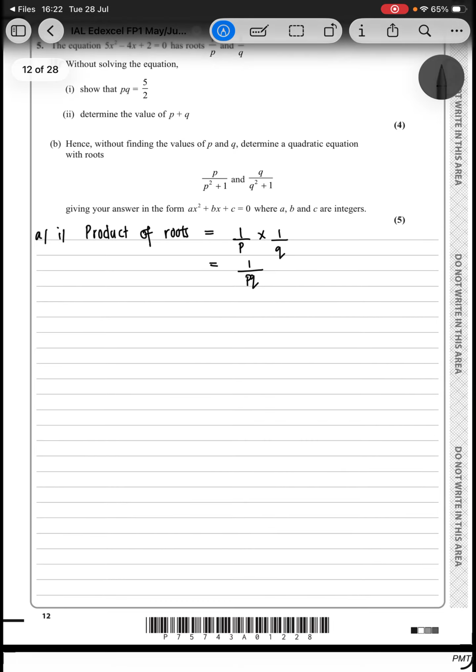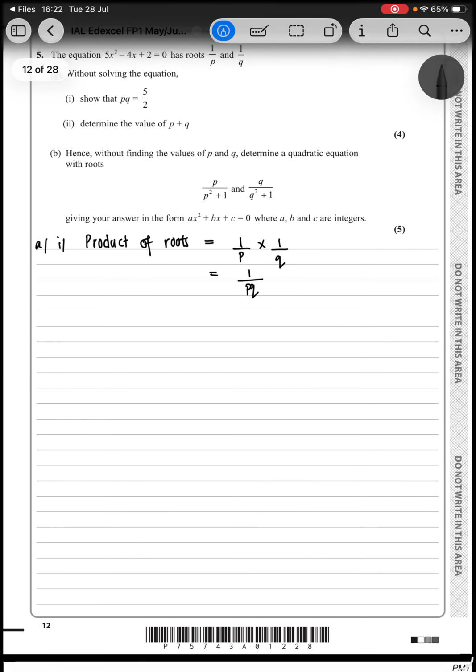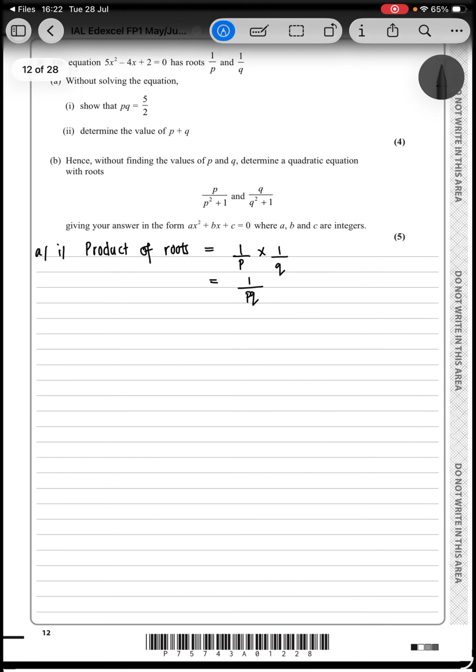The product of roots is C over A, which is directly given from the textbook. So we can also write that as C over A equals 1 over PQ.